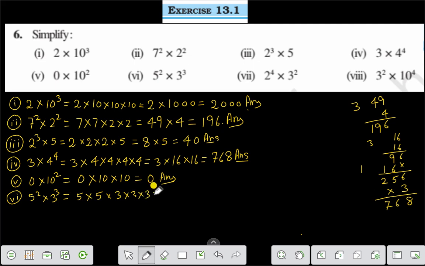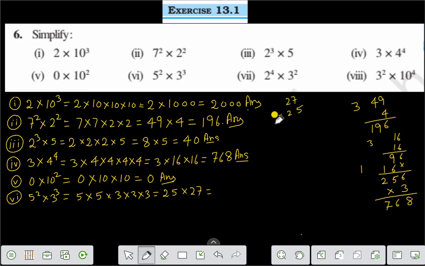That will equal 5 fives are 25, multiplied by 3 threes are 9, 3 nines are 27. That means you have to multiply 27 with 25.